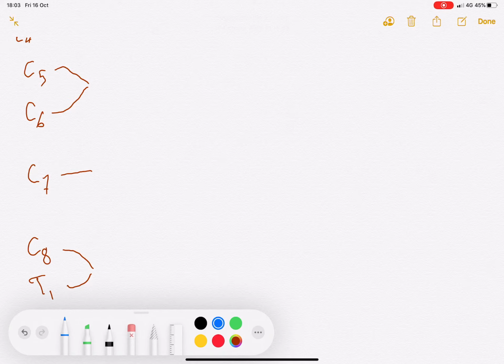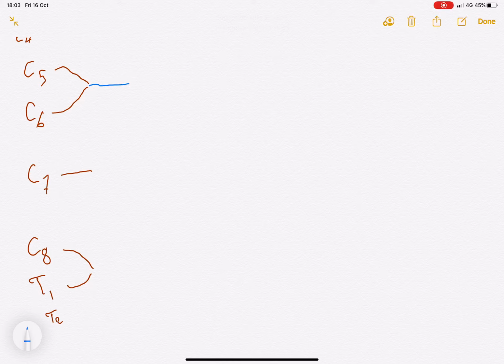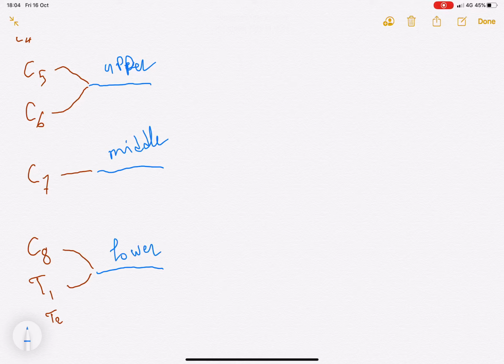Now, C5 and C6, C7 on its own, and C8 and T1, they make the trunks. This is the upper, middle, and lower trunk. This area is called the trunks.